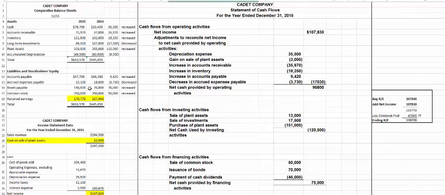On our current liabilities, our accounts payable went up by $9,420, but our accrued expenses payable went down by $37,300. When we have an increase in our accounts payable, we are using our good credit. $9,420 needs to get added back.